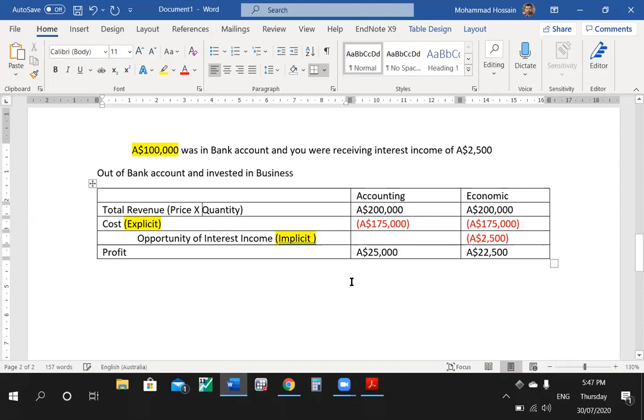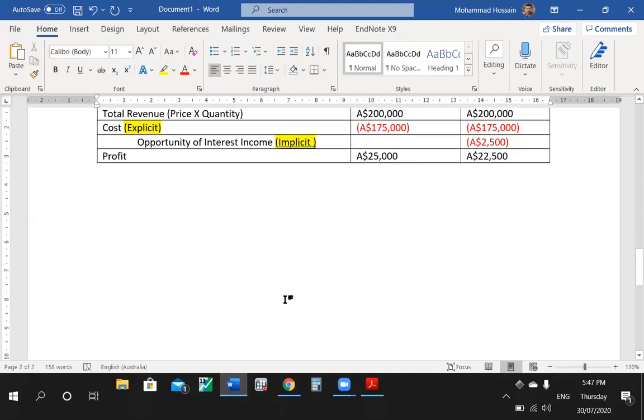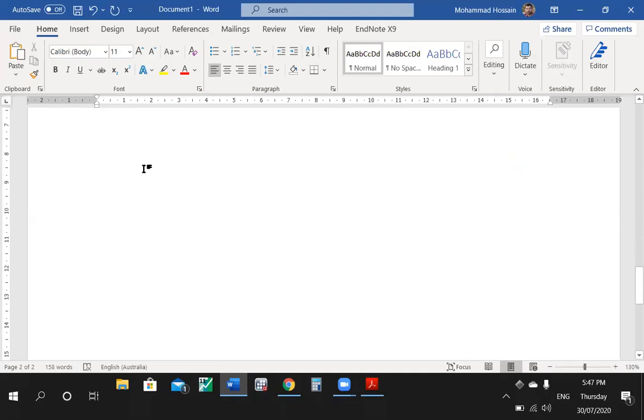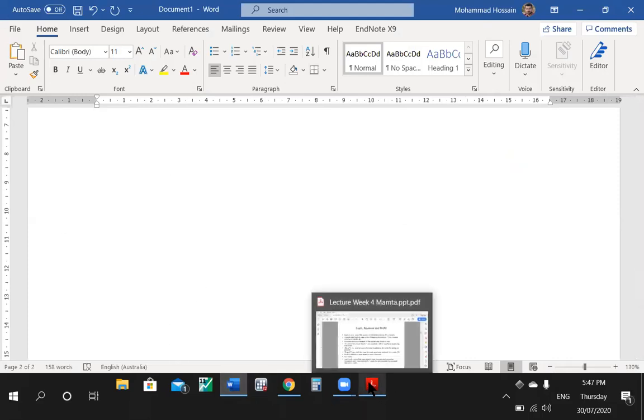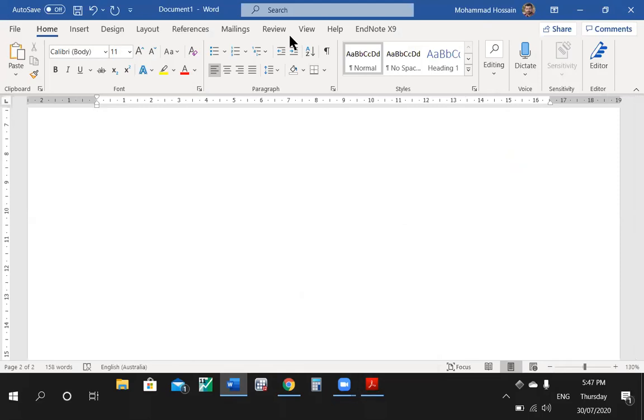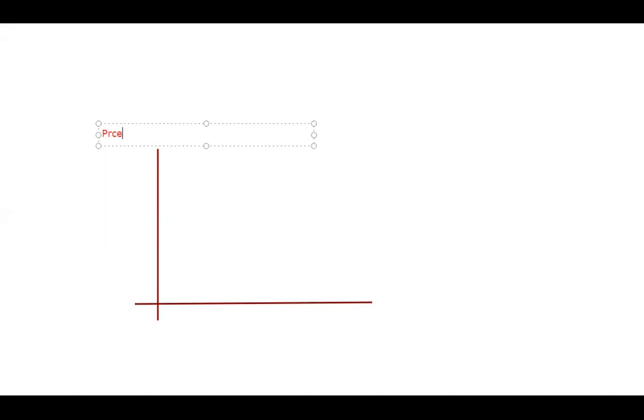And how do you show this in a graph? I'll draw a graph and show you how we show these things. I need to share the whiteboard. Okay, I'll draw very roughly. This side is your price, and this side is your quantity.